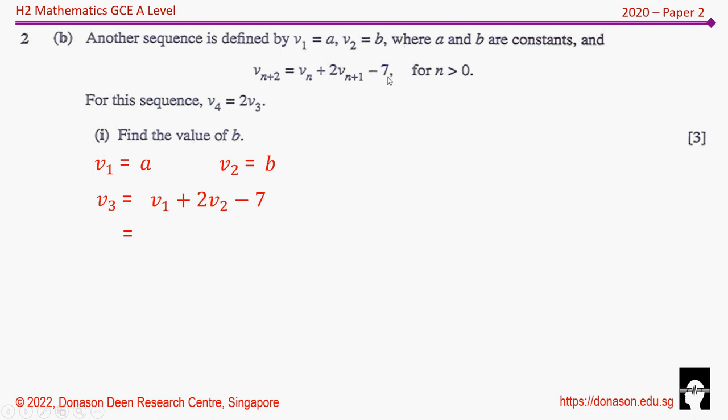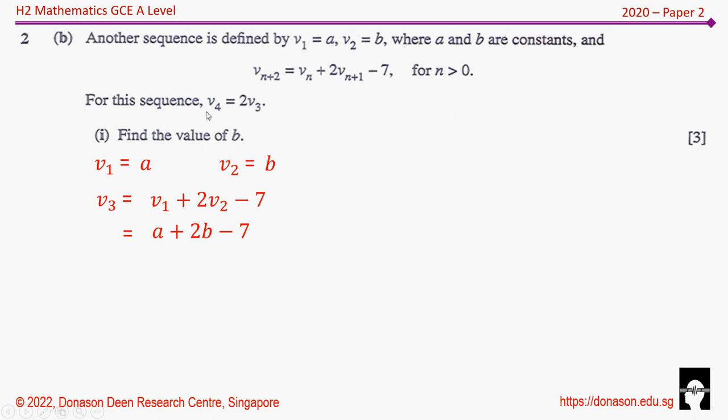From that we minus a 7. So now we have V1 and V2 in terms of A and B. So let's replace V1 with A and V2 with B. So we have A plus twice of B minus 7. That should give us V3.